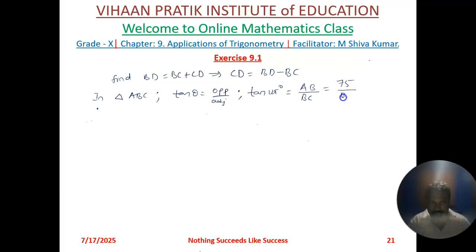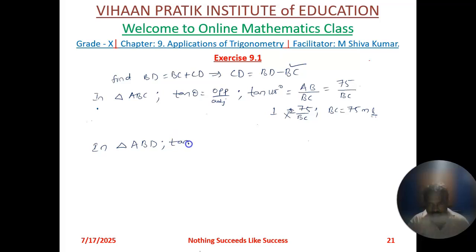We don't know the value of BC. Tan 45 is 1. So 1 equals 75 divided by BC. Therefore, cross multiplying, BC equals 75 meters. So we got one thing, BC, which is 75 meters.